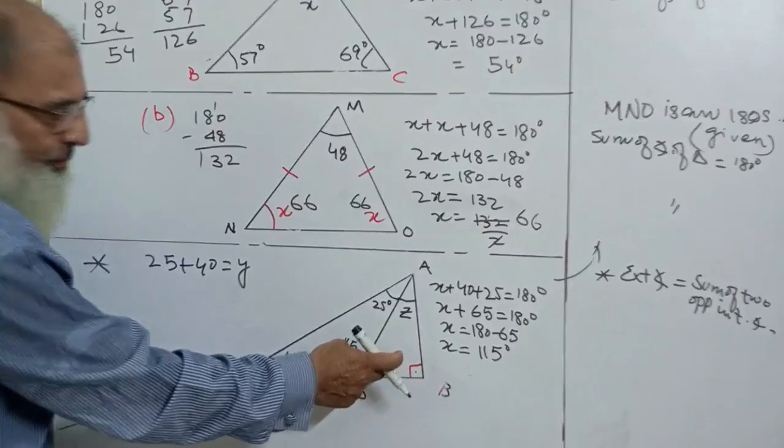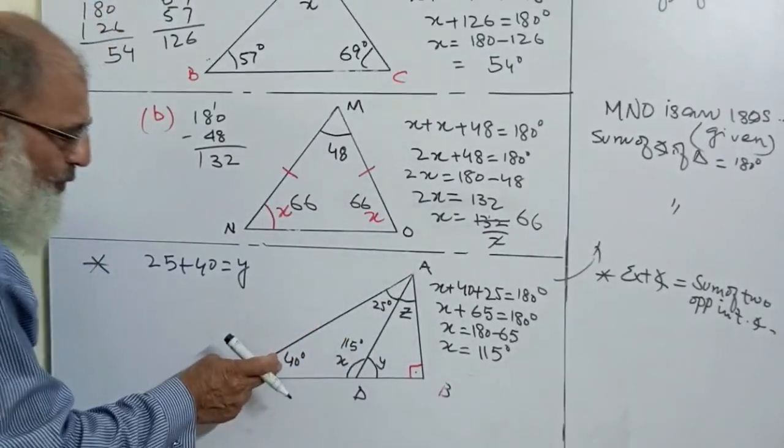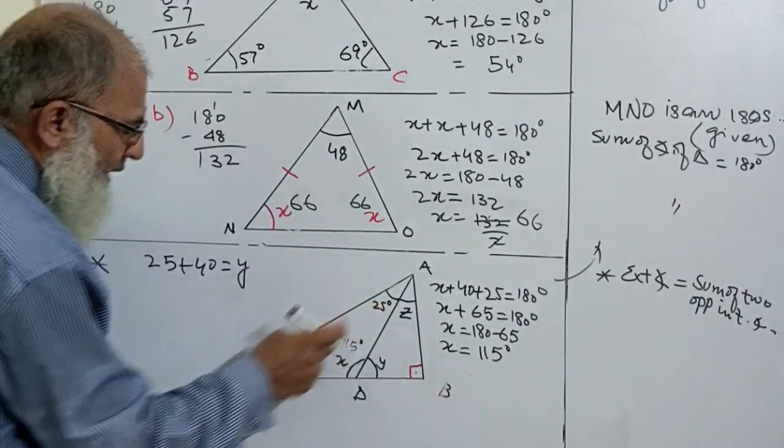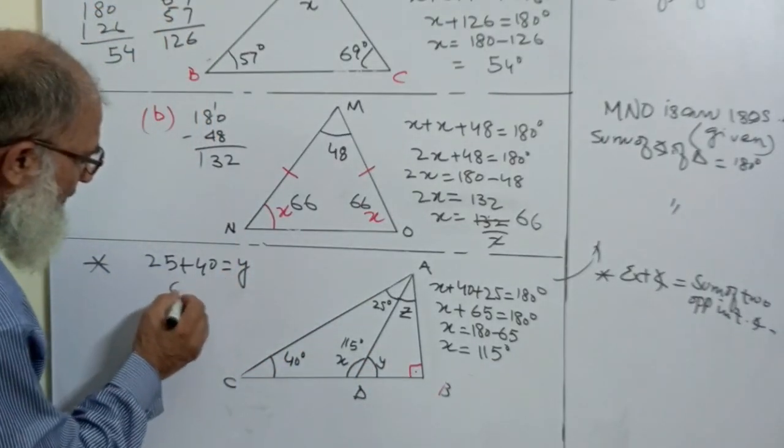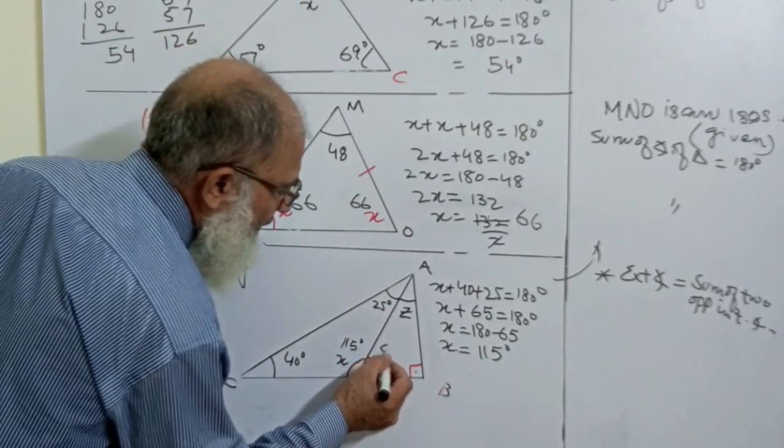Exterior angle y is equal to the sum of two interior angles. 25 plus 40 must be equal to this y. So it is 65 degree. Now y is equal to 65 degree.